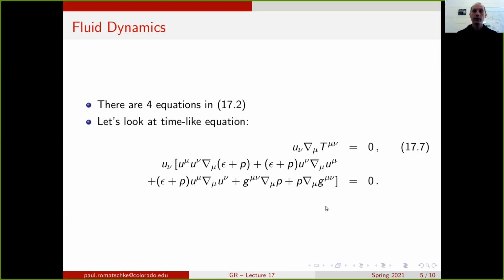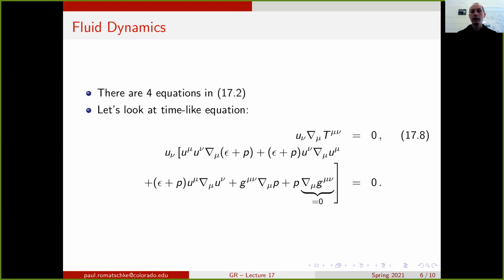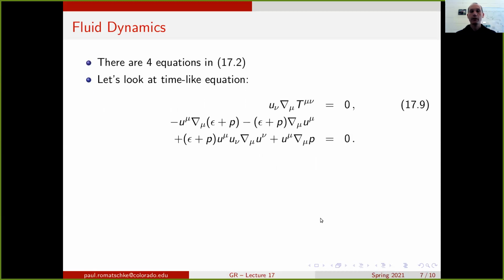The first thing to notice is that the derivative of the metric tensor is defined to be 0 if it's a covariant derivative. So we can just forget about this term, it's 0. Now the next thing to look at will be other parts of this equation. There's a part here that is u_ν ∇_μ u^ν. We can recognize this to be the derivative of a quadratic form.